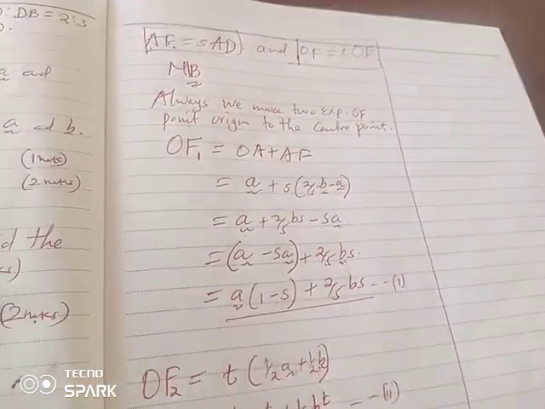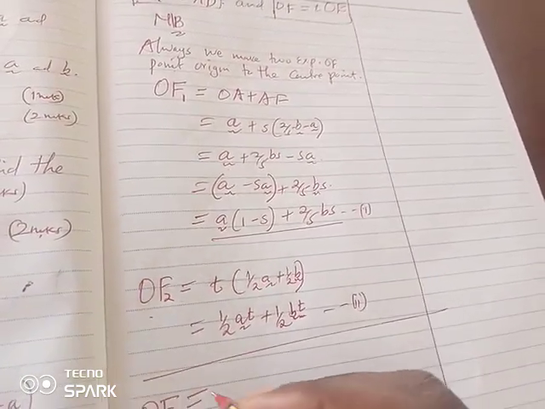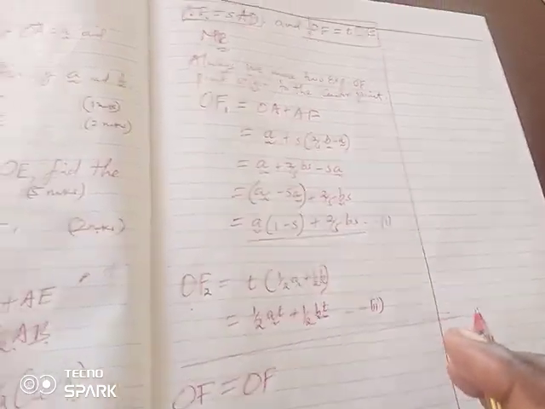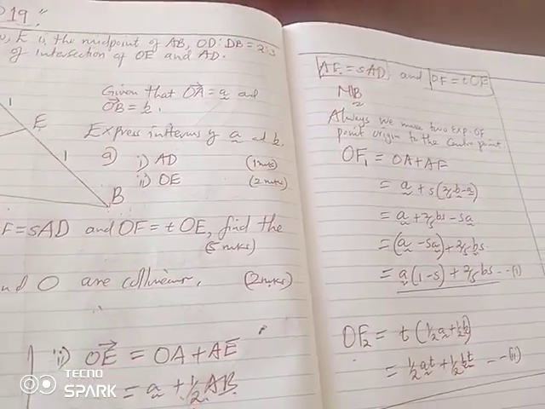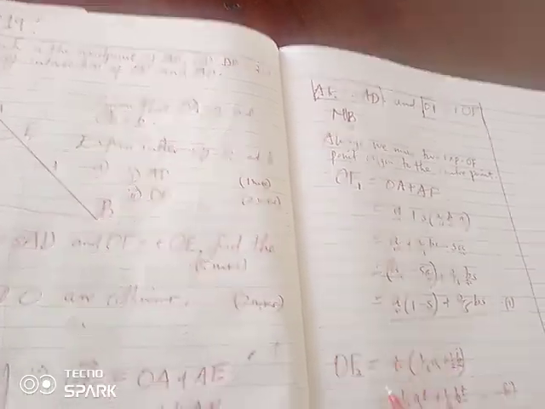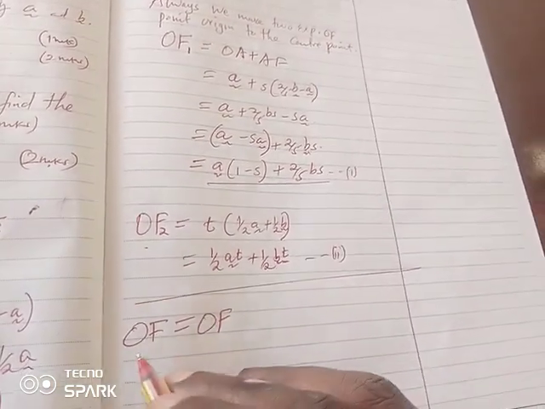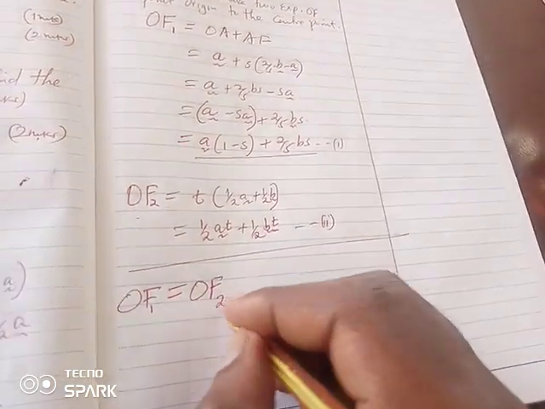So one thing I want us to know, all these expressions simply represent OF. It doesn't matter how you move. The whole displacement covered here is the same. So therefore, OF 1 is equated to OF 2.